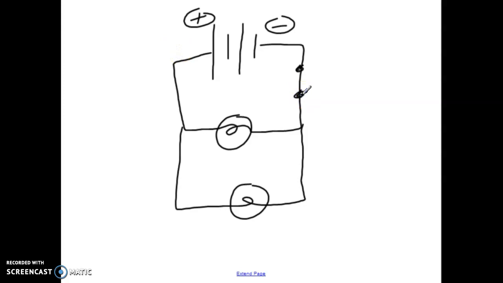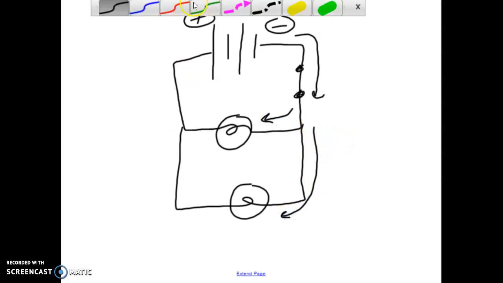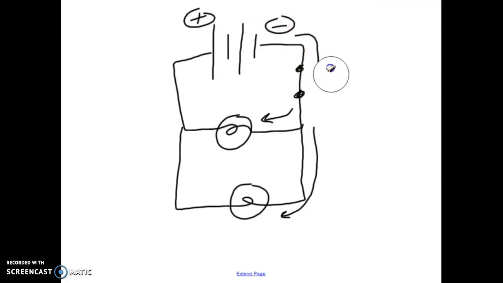Okay, so electrons are traveling, and here's the branch off. Okay, so let's use different colors. Actually, I'll go back. It's nice seeing the difference in colors. You can see the different pathways easier. Okay, I'll make that one red.